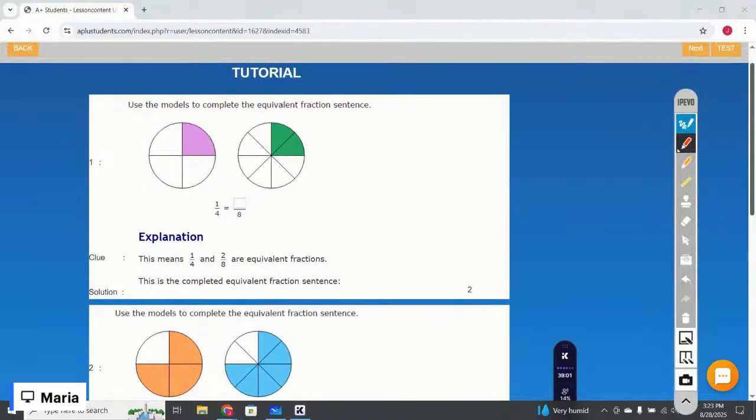The first one has 4 parts and one of them is colored. And the second one has 8 portions and 2 of them are colored. So they both look exactly the same. They both have exactly the same portion colored, just their parts are different, right? So that is 1 out of 4 equals 2 out of 8.